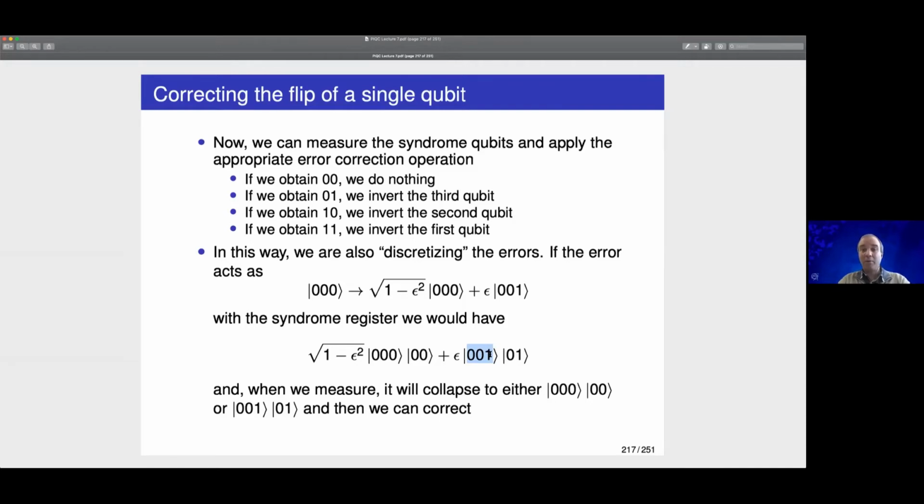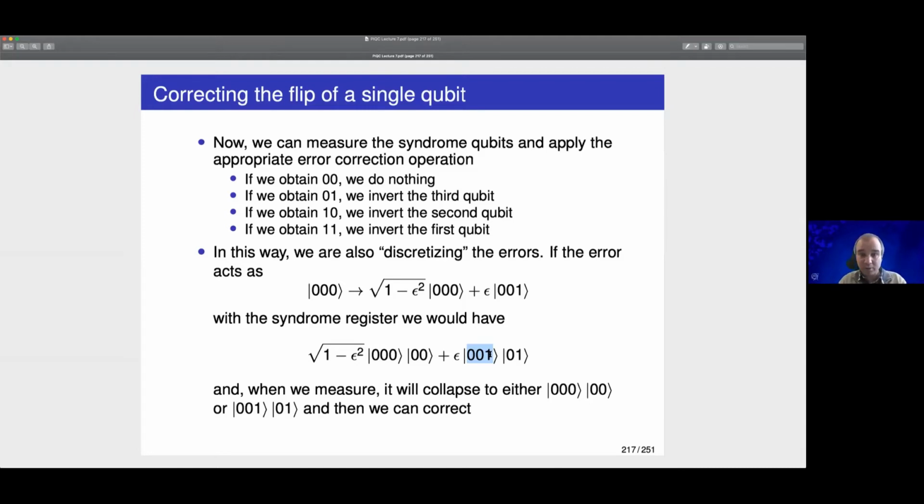So somehow, in the process of trying to see what is the error that has occurred, if any, we are realizing a concrete discrete error. Before that, we had a superposition of errors, or in this case of no error with error.